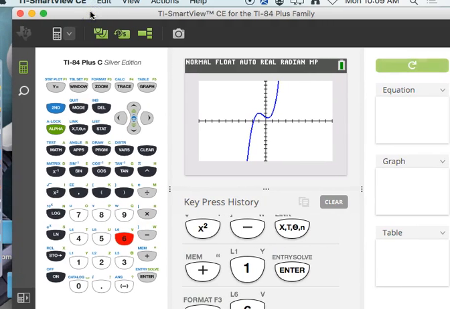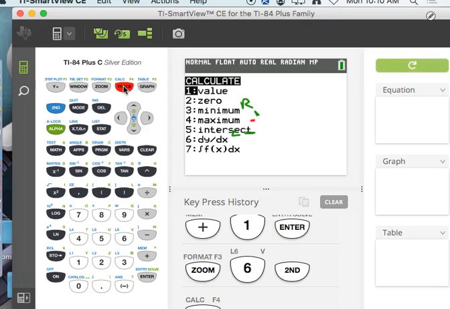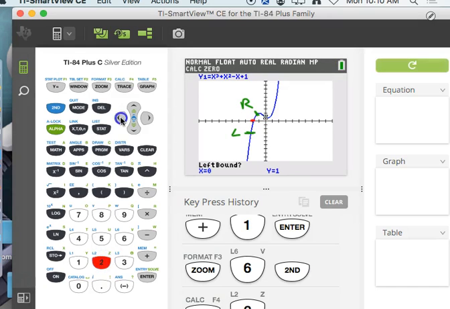So now I have to figure out that this is to the left of the intersection because my intersection is going to be my little red dot right there. And then this would be to the right. And just let Blinky take care of it. Second trace, number 2. And Blinky's a little out of position, so let's get Blinky below it.